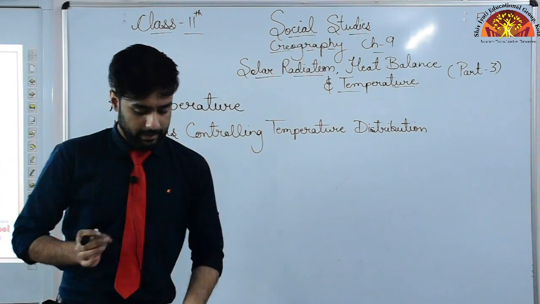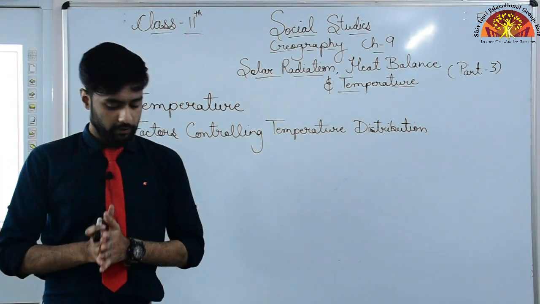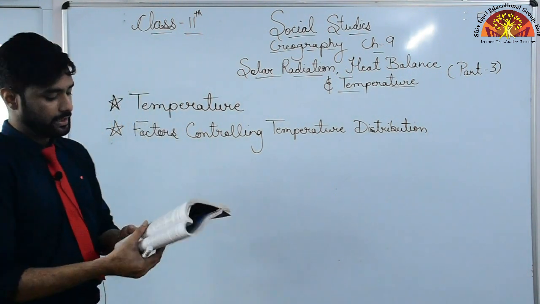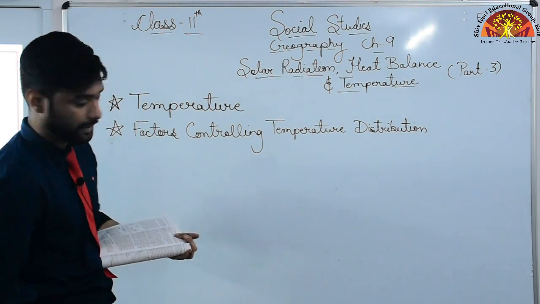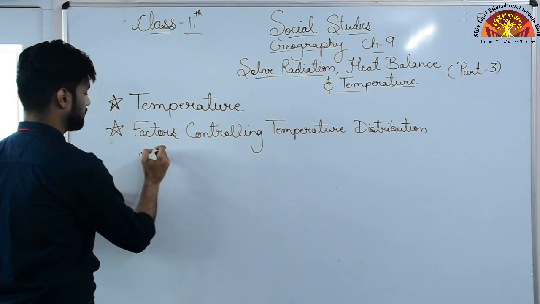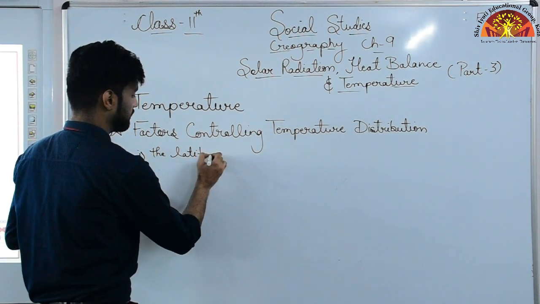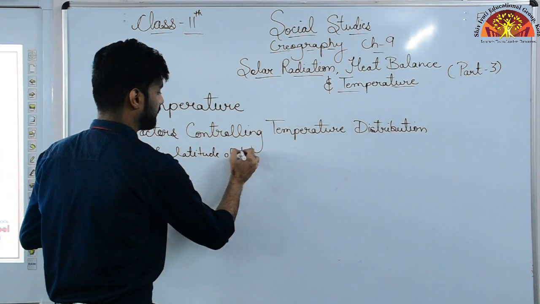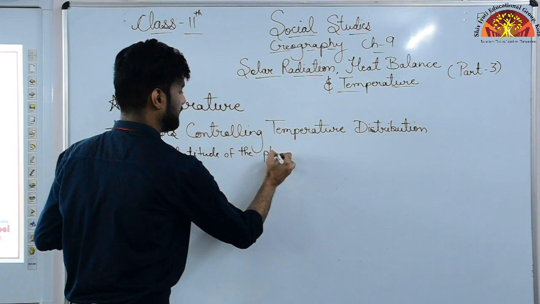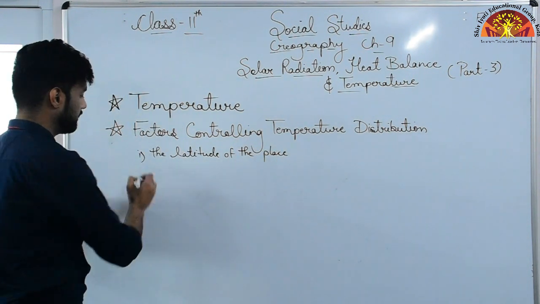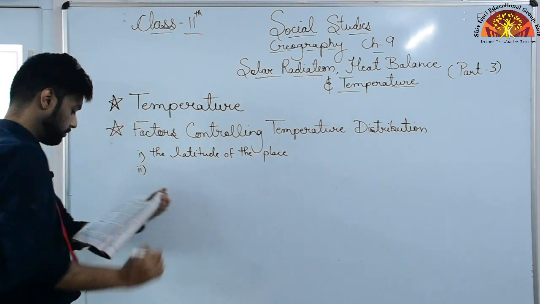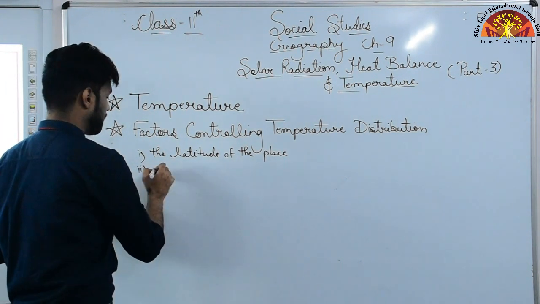Now let us see. The temperature of air at any place is influenced by, number 1, the latitude of the place. We will be covering each of the topic in detail in a minute. Let us first learn. Number 2, that is the altitude of a place.